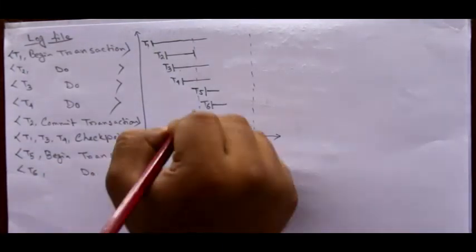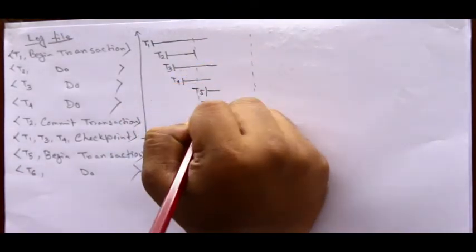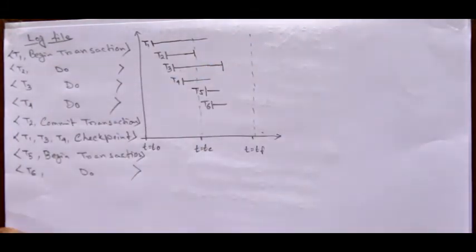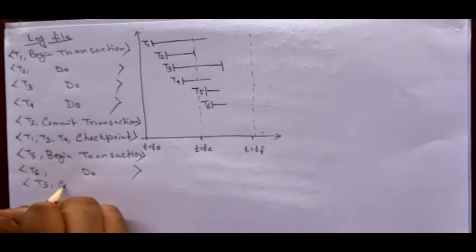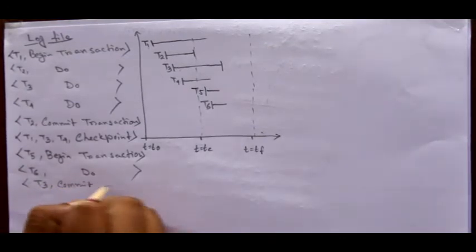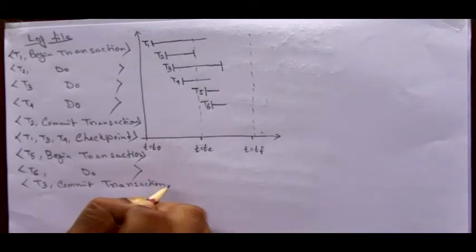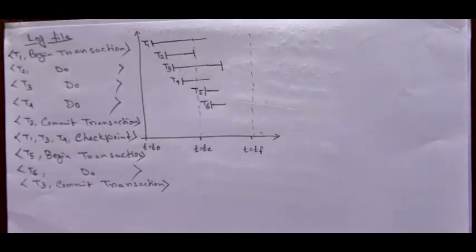Now transaction T3 committed after transaction T6 starts, suppose here, so T3 commit. Transaction T3 completed.